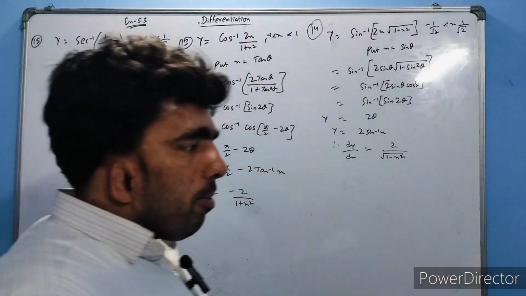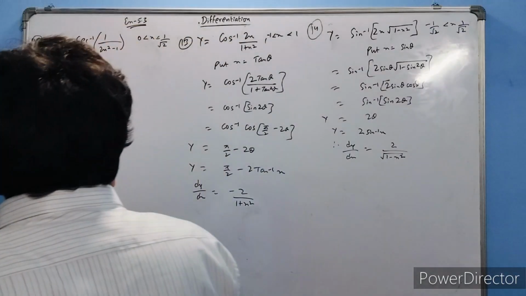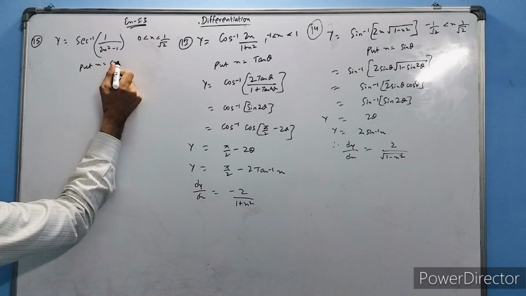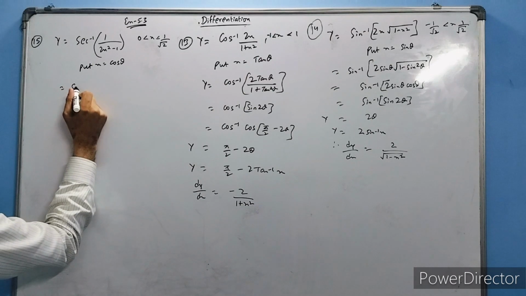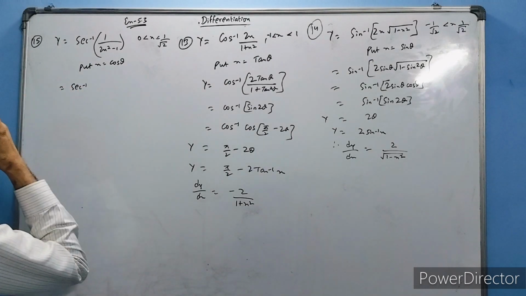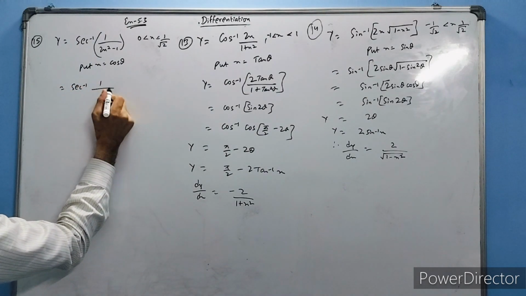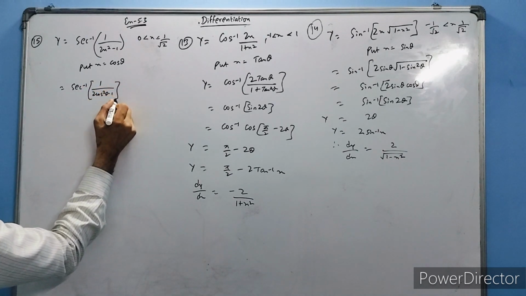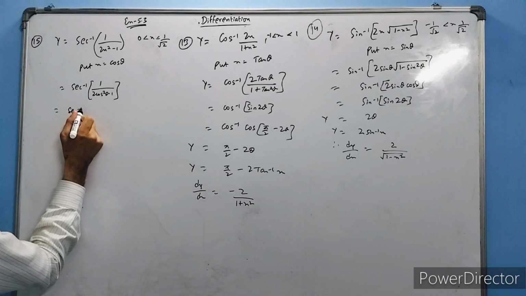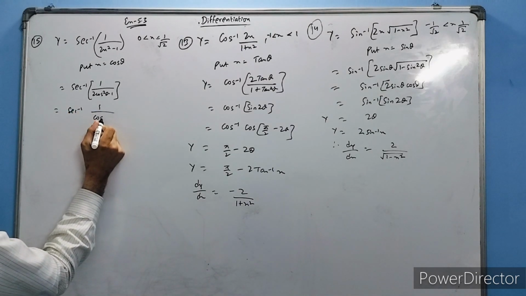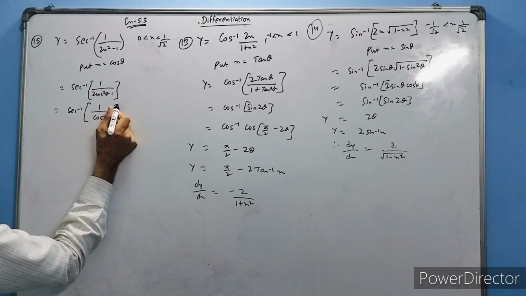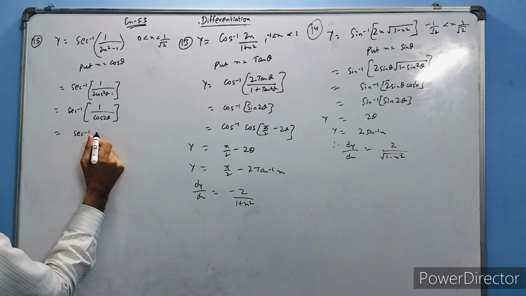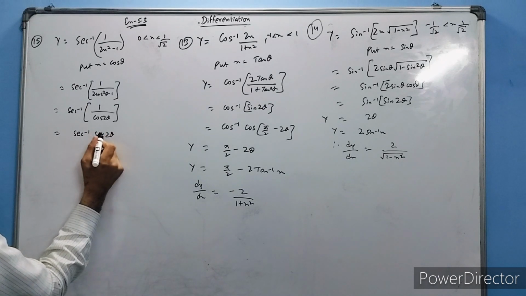So what we can do here, let us see. Put x is equal to cos theta. So what will we have here? Sec inverse 1 upon (2 cos square theta minus 1). So we'll have sec inverse 1 upon cos 2 theta. So we'll have sec inverse sec 2 theta.